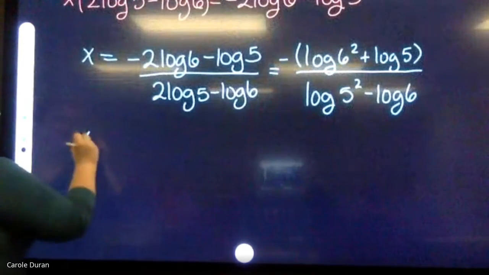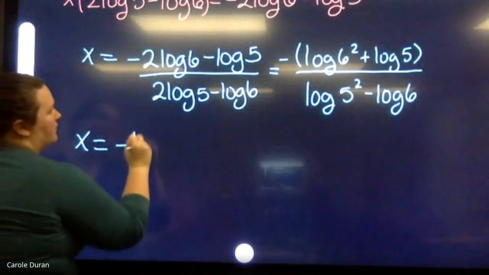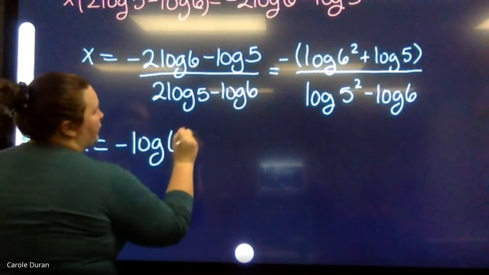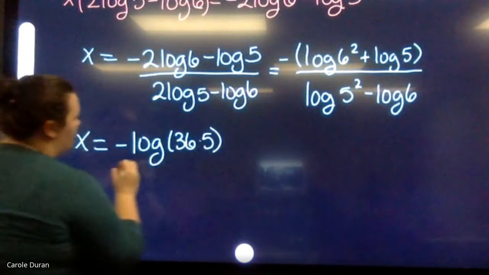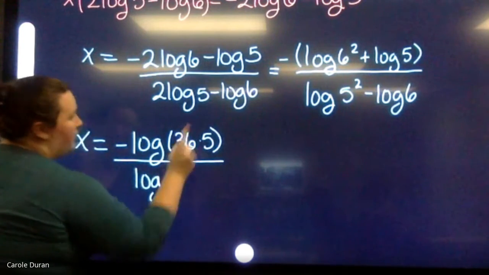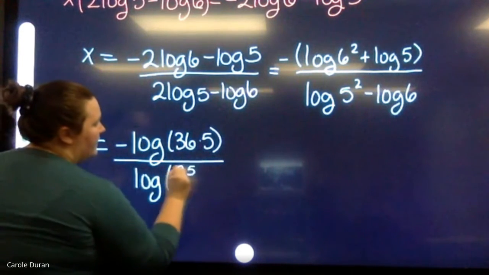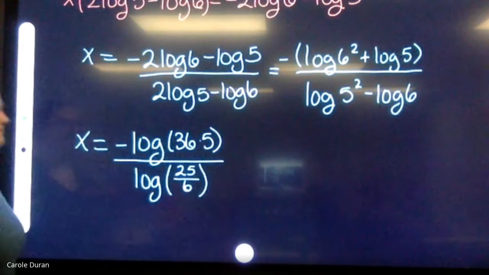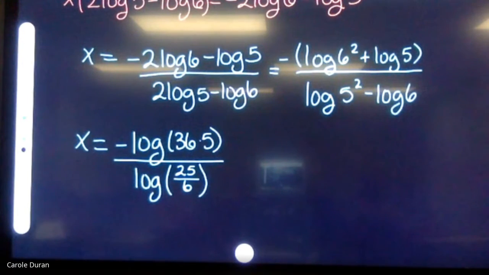So then x becomes negative log of 36 times 5 over log of 5 squared, which is 25, divided by 6. And then I can go ahead and put that in my calculator.